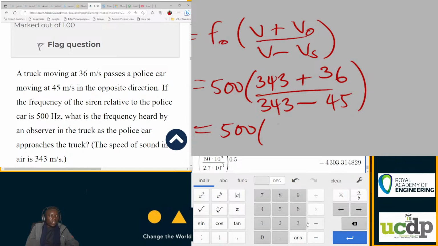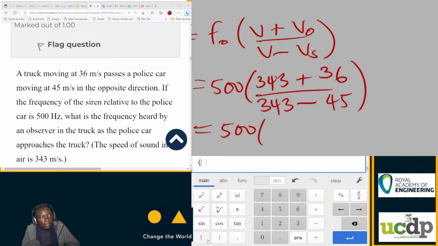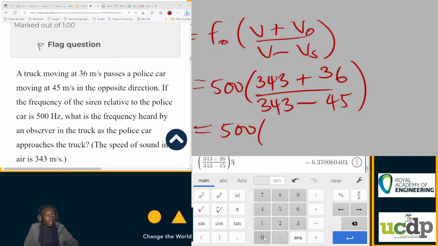We can solve for that by entering, open bracket, 343 plus 36 over 343 minus 45, multiplied by 500.